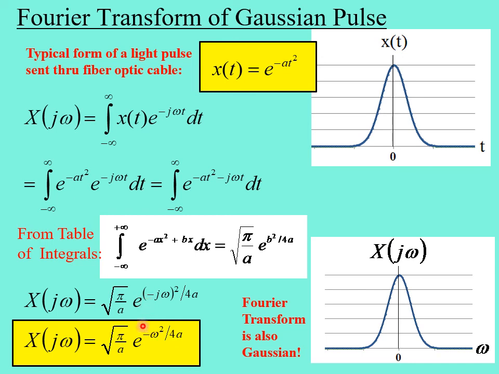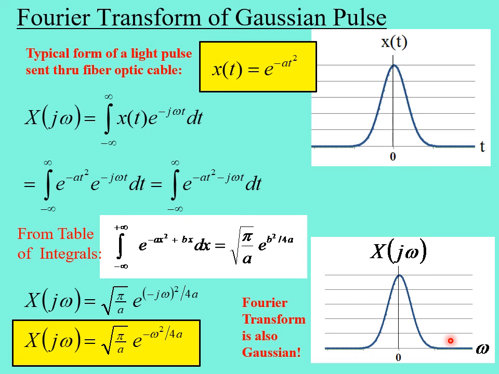And so we end up with a Fourier transform that is also a Gaussian function. Notice it's e to the minus omega squared over 4a. And so this is a Gaussian form in frequency, just like this is a Gaussian form in time. So the Fourier transform of a Gaussian pulse is a Gaussian spectrum in frequency.